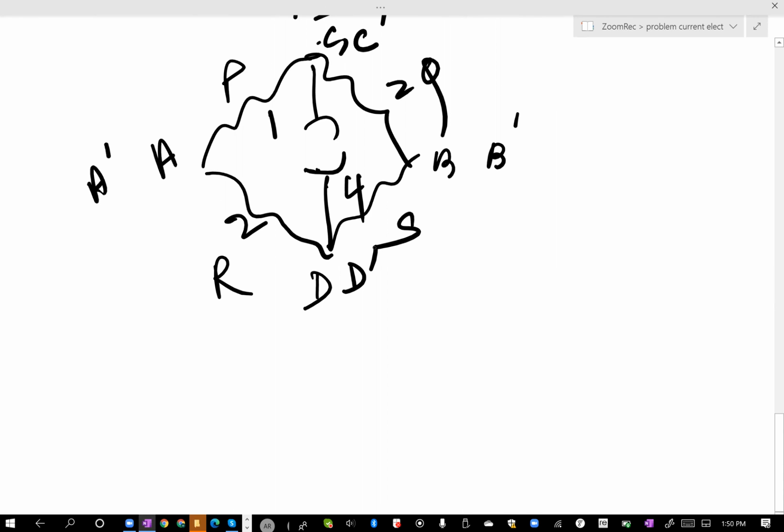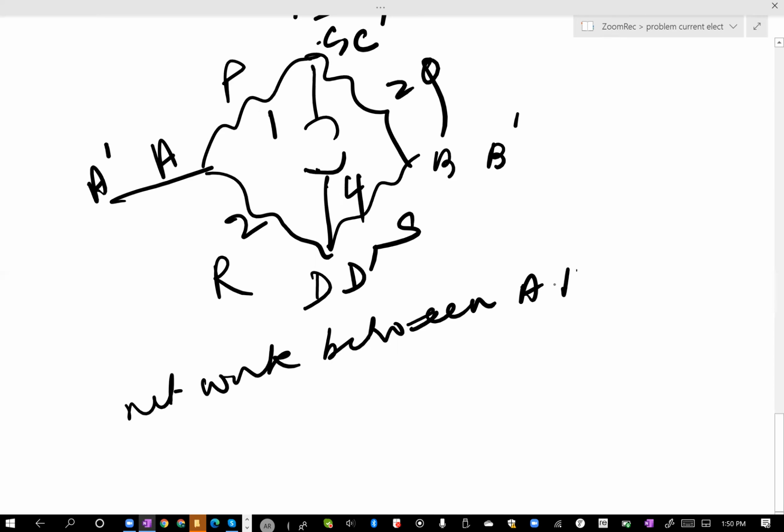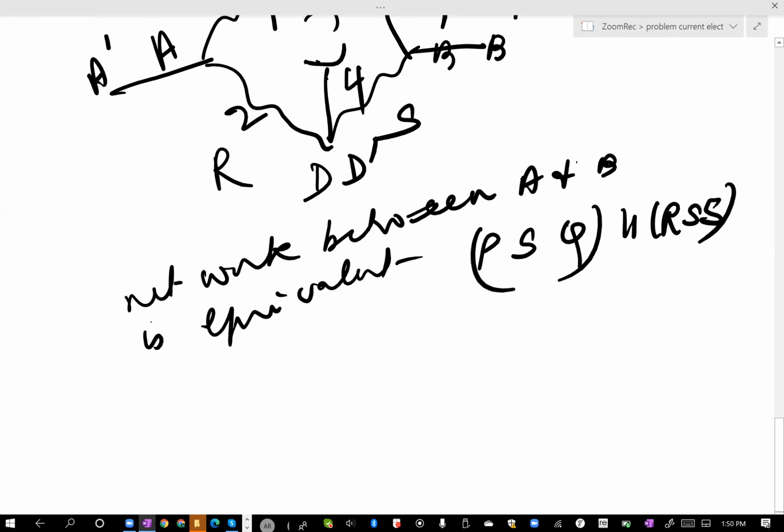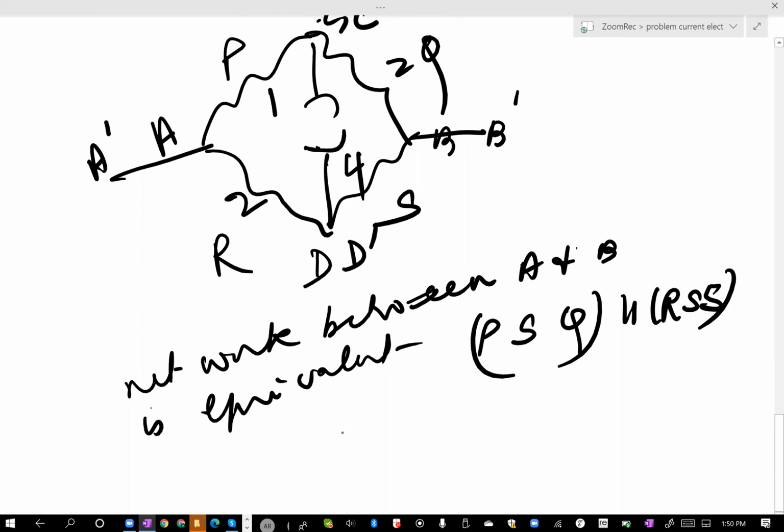So the entire network between A and B is equivalent to P series Q, the whole thing being parallel to R series S. That is the entire network between A and B. So here it will be 1 series 2 parallel to 2 series 4.